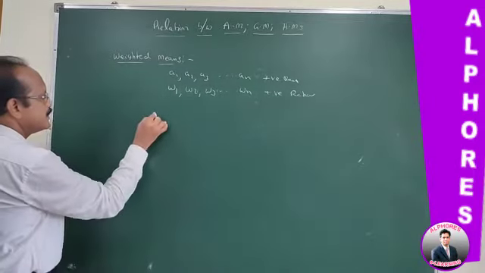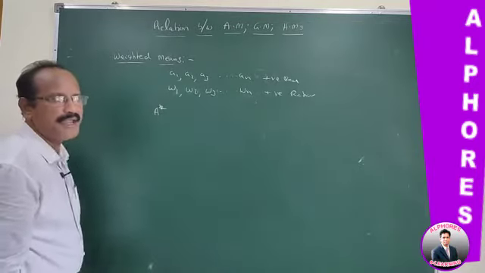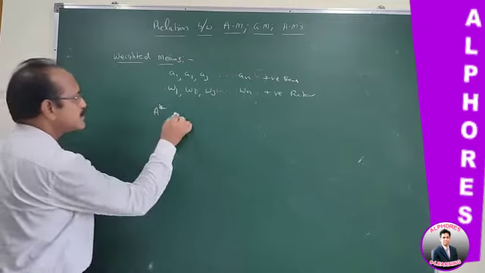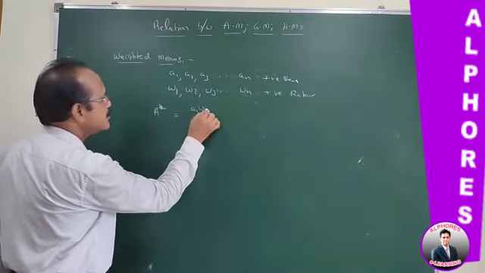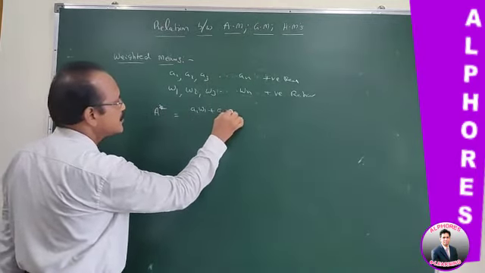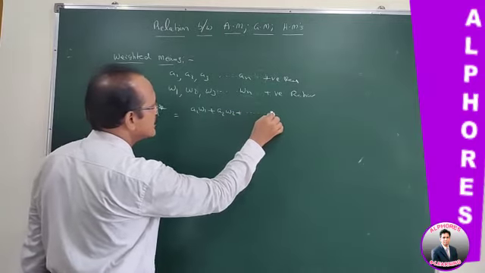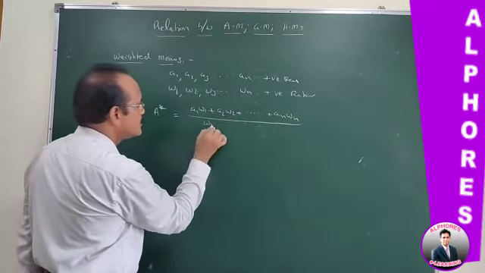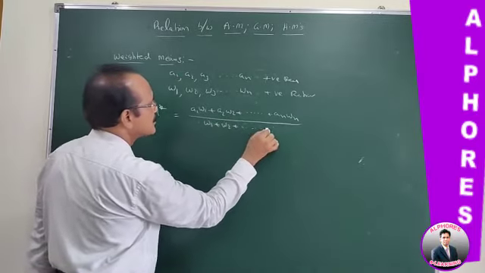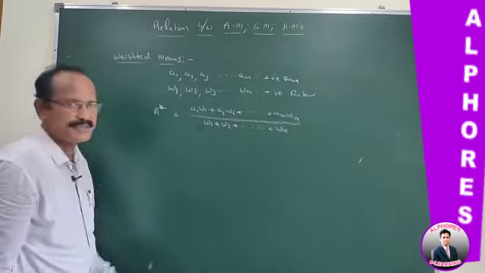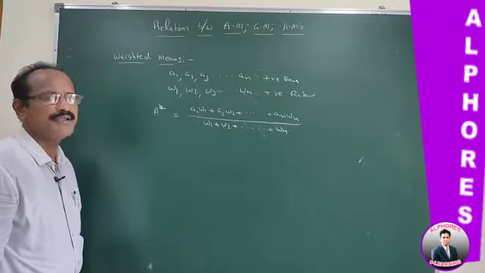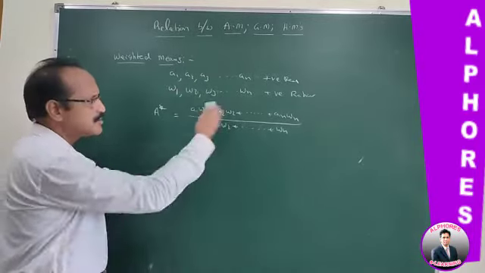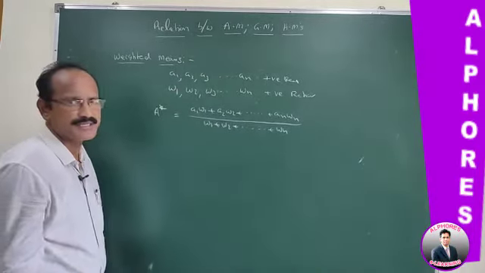Then the weighted arithmetic mean, denoted A star, is given by (A1 W1 plus A2 W2 plus A3 W3 plus so on An Wn) by (W1 plus W2 plus so on Wn). This is called the weighted arithmetic mean of n numbers, where W1, W2 up to Wn are any positive rationals, right?